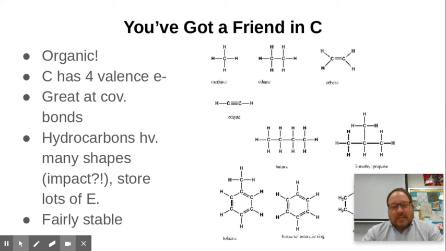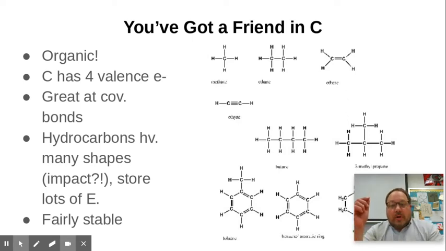We're simply saying it's got carbon in it. So anything that's carbon or organic in biology is a carbon-based molecule. And carbon is significant because it has 4 valence electrons. It's got 4, it needs 4 more. And because of that, carbon tends to form all sorts of covalent bonds. It's the ultimate sharer of electrons.